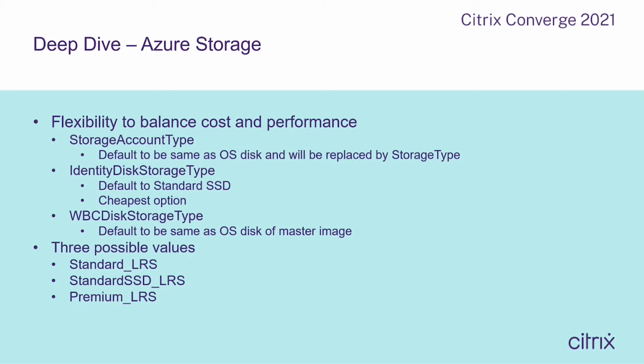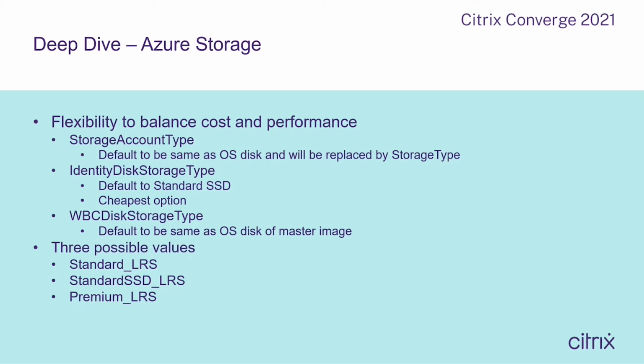Now that Microsoft has moved away from storage accounts to recommending managed disks, we are going to change from storage account type to storage type. So we are going to deprecate the storage account type parameter, but for now, that's the one to be used.